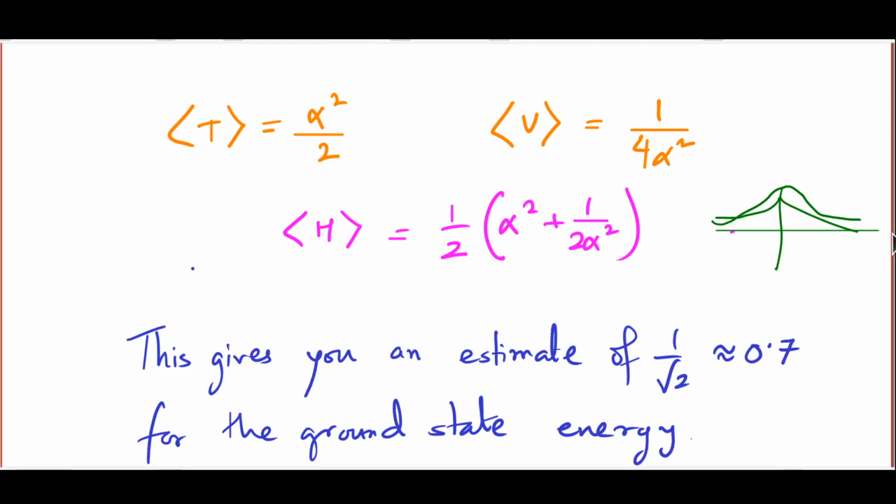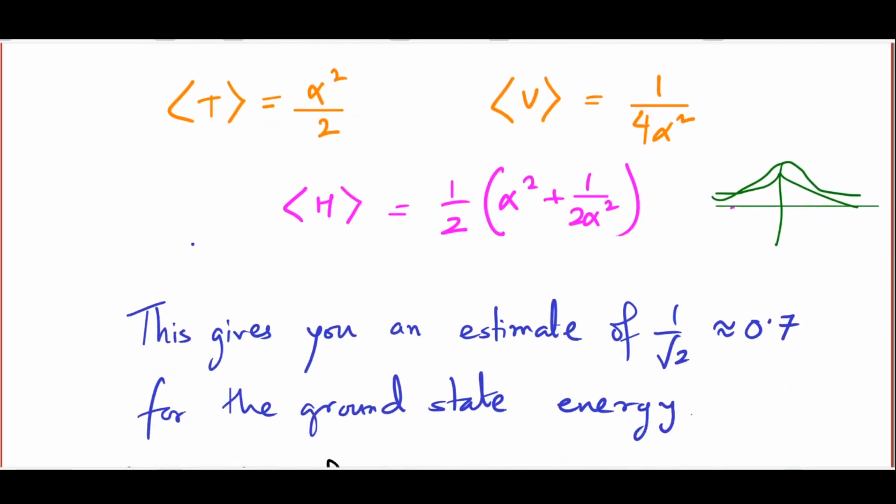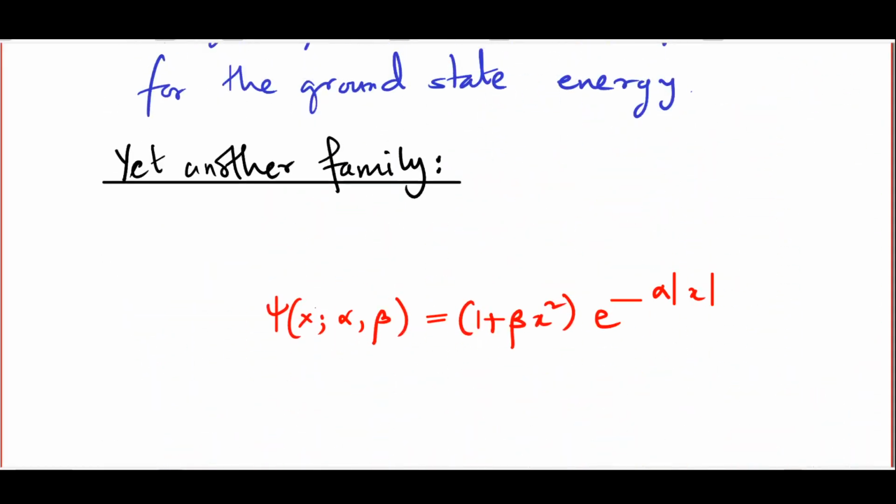So let us continue with the pretense that we do not know the exact solution for the ground state of the harmonic oscillator, and let's try to build a new set of trial wave functions which have more than one parameter. We are going to essentially build upon what we have here, this e to the minus alpha mod x kind of wave function, and modify it by introducing a prefactor which is a polynomial.